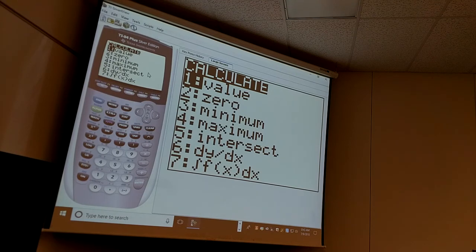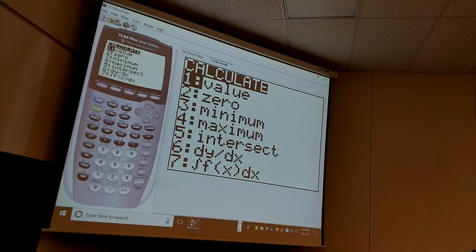It's not going to find intersections between anything. Value is making x equal something and getting what y is. I know what I want y to be; it's x that I don't know. So value is the exact opposite of what I want. I want to know the zeros of this function. That's why the second one is for x-intercepts. Where does it hit the ground? Where's the height above the ground 0? I always think about the x-axis as the ground.